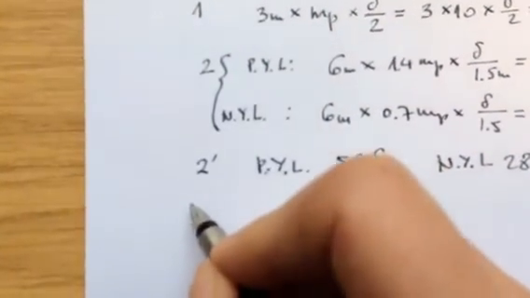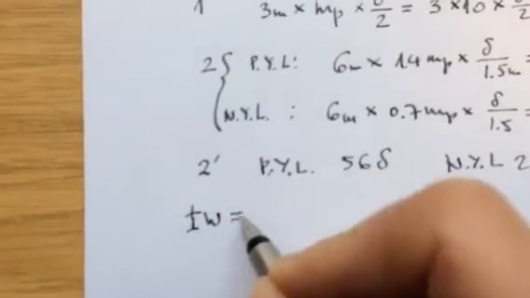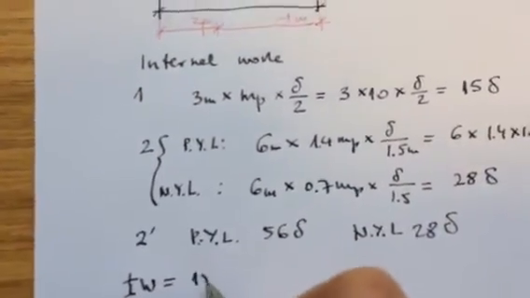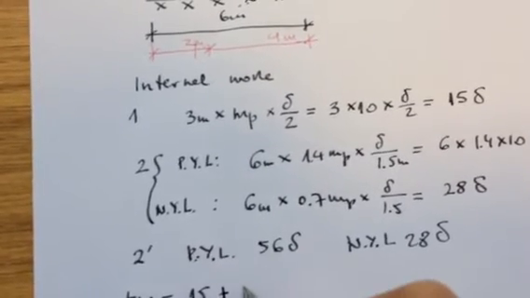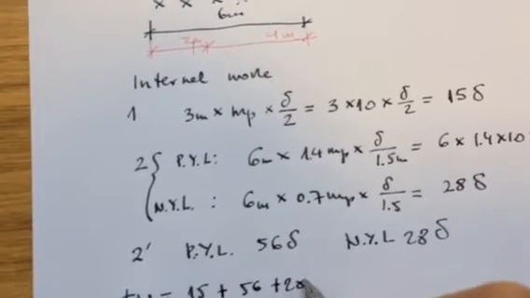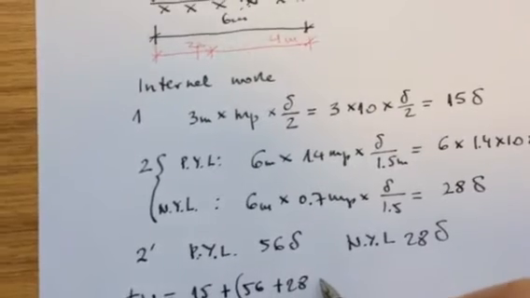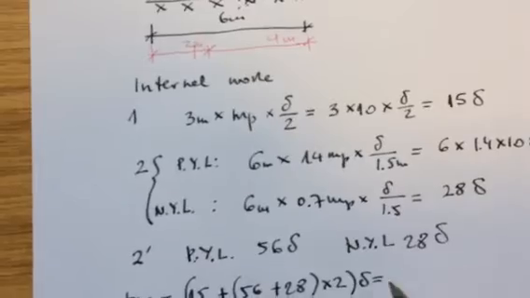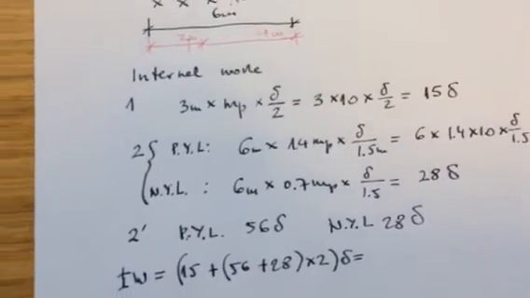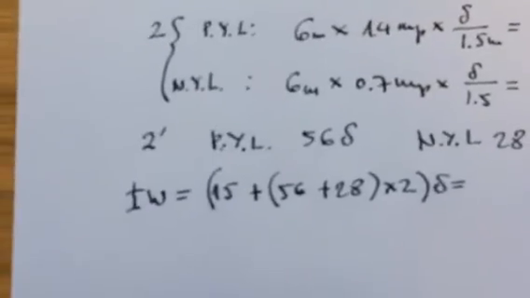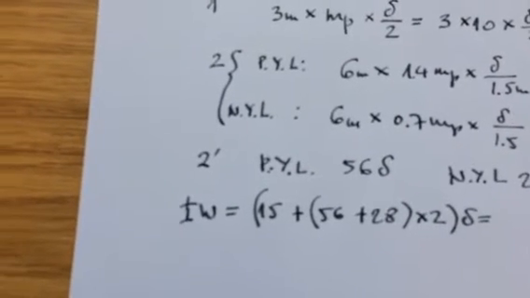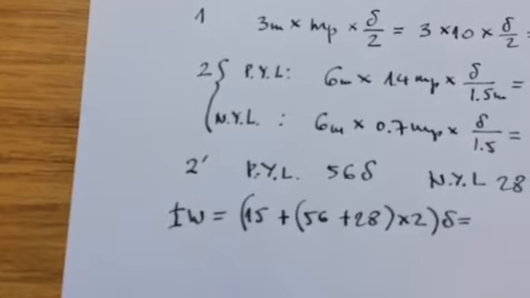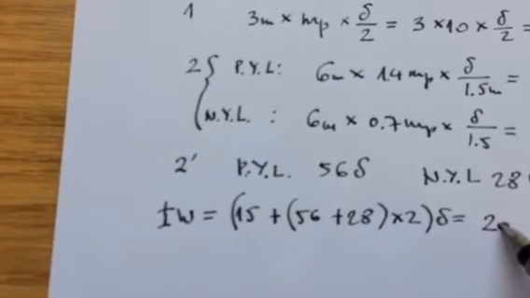So the total internal work, when we add all these elements, is going to be 15 plus 56 plus 28 times 2 delta.